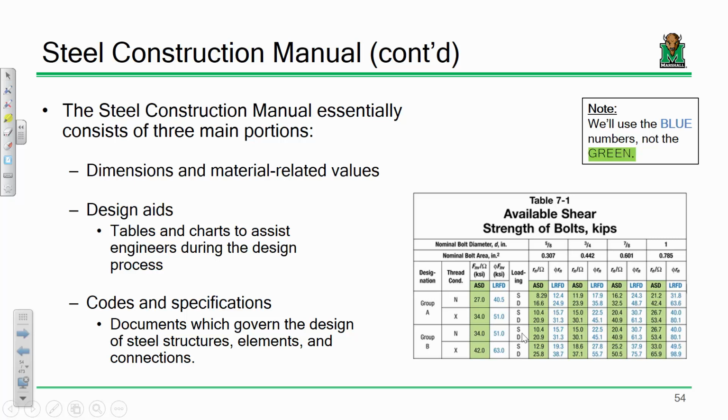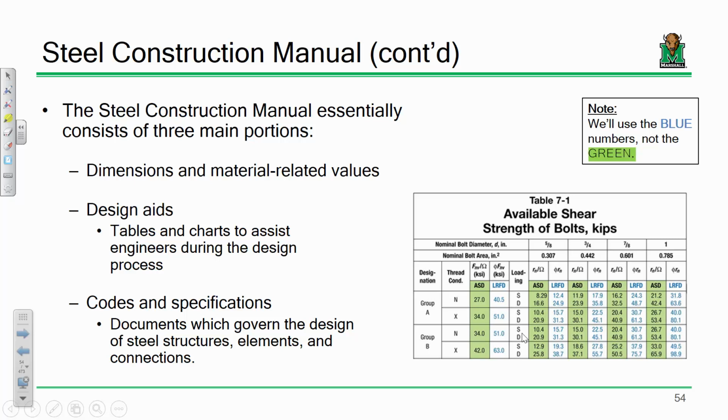Another part of this manual is the actual spec itself. And I think I mentioned this last time. The spec is sort of this region back here, the one with the gray pages and the white pages that line it. This is the actual code and the commentary.